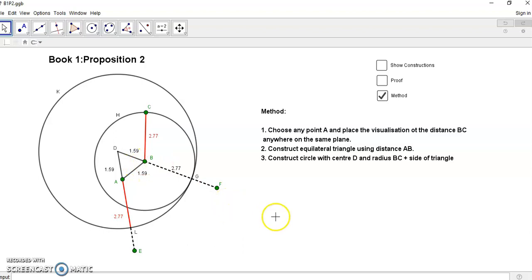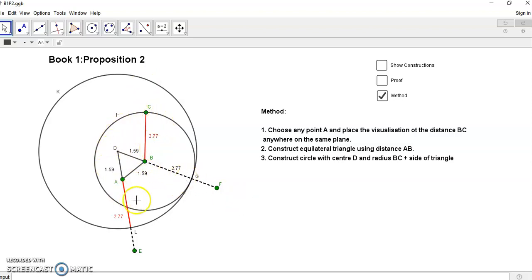I'm stressing this because most of the morons in mainstream mathematics media do not understand these things, and I'm talking about math professors and math teachers. You cannot draw distances, you cannot plot points. You cannot plot this point and you cannot draw this distance. That's absolute nonsense. And the last step is that you need a circle with center D, as you see there, and radius BC plus the side of the equilateral triangle.